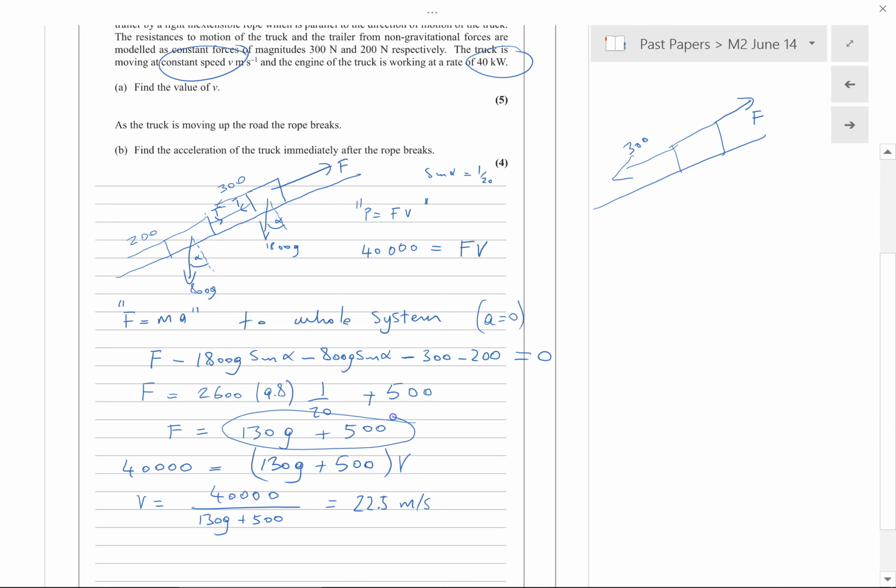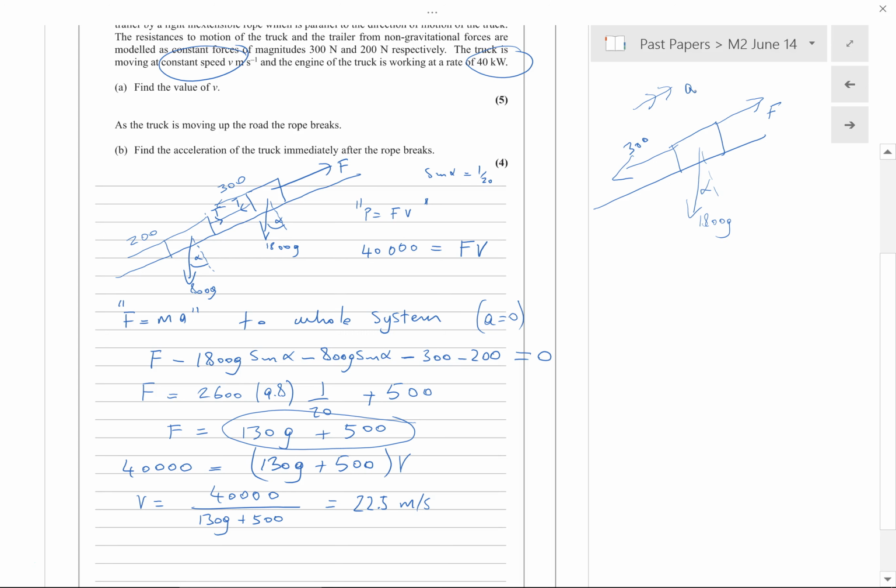So we've got the weight, which is 1800 g, inclined at alpha. It's now going to be accelerating at some acceleration a.